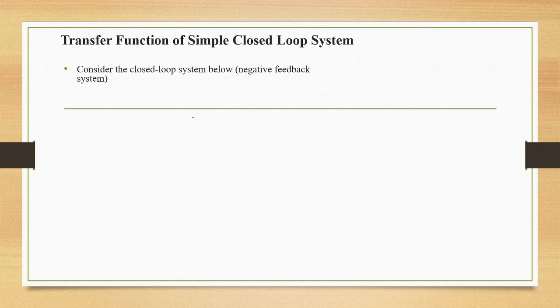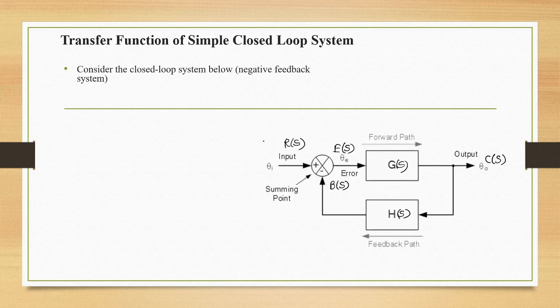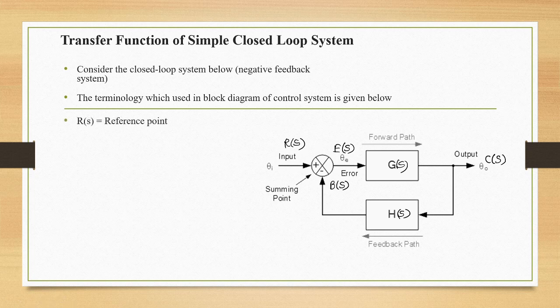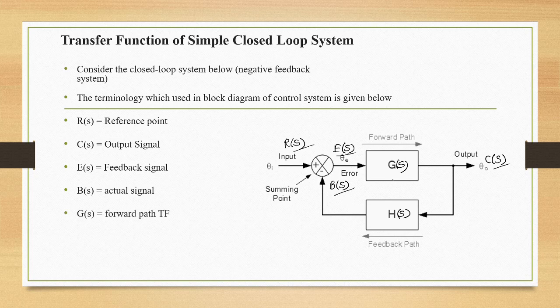For this, we consider negative feedback system, and here in this diagram, R of S is the reference input, C of S is the output signal, B of S is the feedback signal, E of S is the actuating signal, G of S is the forward path transfer function, H of S is the transfer function of feedback element, and T of S is the transfer function of closed loop system.